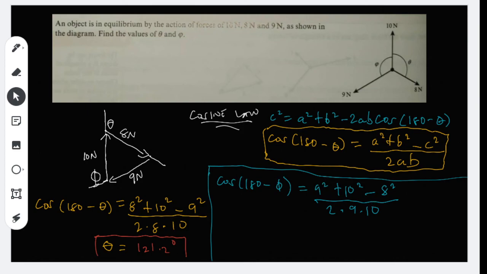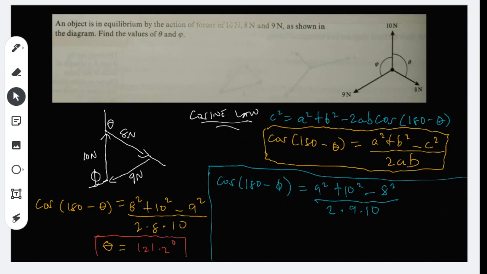Okay, let's use the calculator to solve. The same thing, we compute for this, then get the inverse cosine of the result, and solve for the unknown angle.